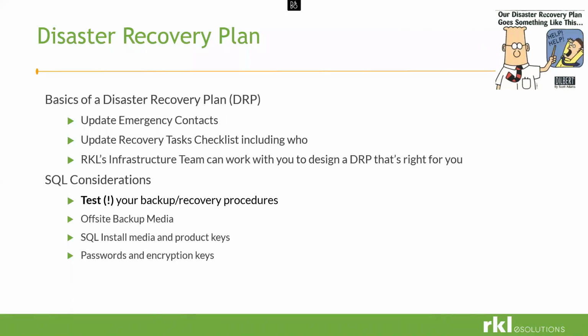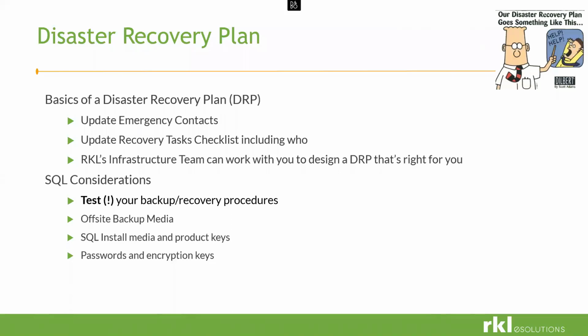Know where your SQL install and your Sage install media is, and your product keys. The product keys specifically can be found in Maintain Site in Sage. But Sage, on their knowledge base, only has the versions of the Sage client and the Sage database utilities that they support.